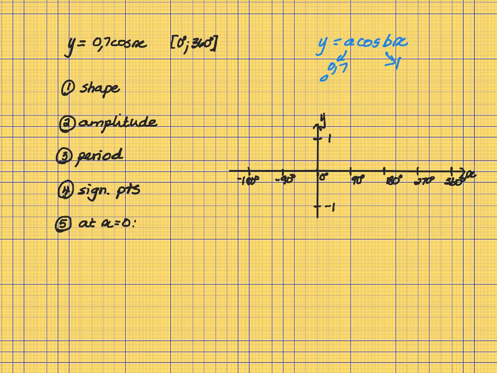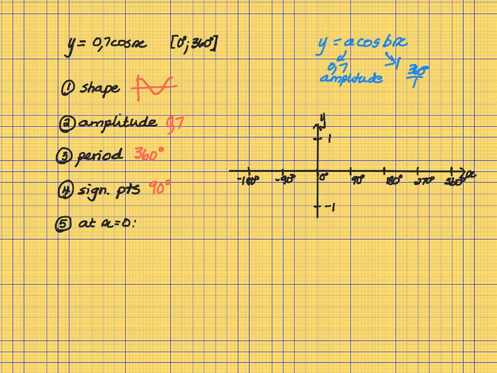And you know that this will be the amplitude, and 360 degrees divided by 1 equals your period. So it's a standard cos period. So let's fill in our 5-point plan. This is going to have the shape of a cos graph. The amplitude is going to be 0,7. The period is 360 degrees. Significant points every 90 degrees.